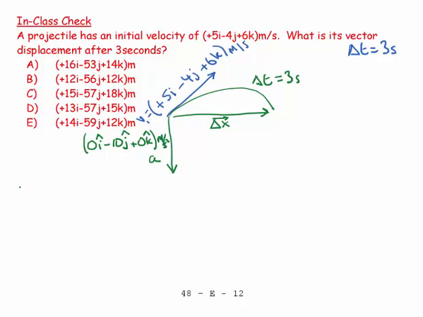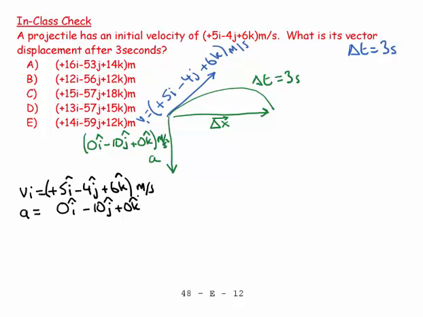So I can make a list, and I'm going to say, okay, vi is equal to plus 5i minus 4j plus 6k meters per second, and my a, which again was not said explicitly but I know from the physics context, is 0i minus 10j plus 0k meters per second squared, because it's a projectile. And I know my delta t is equal to 3 seconds. So now I want to know my displacement.